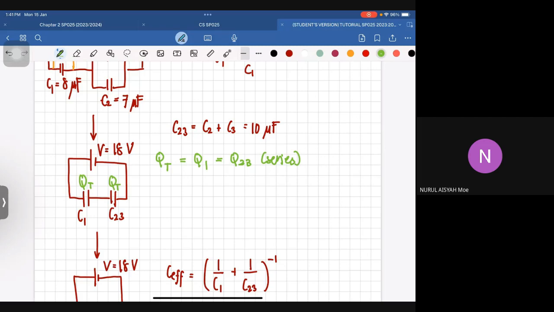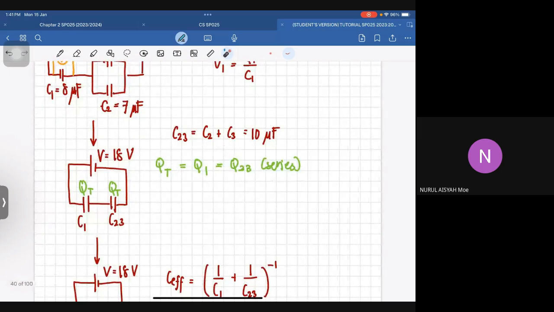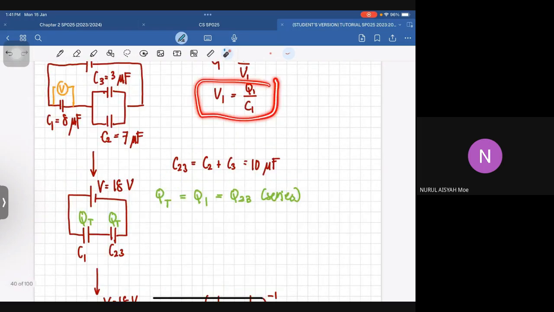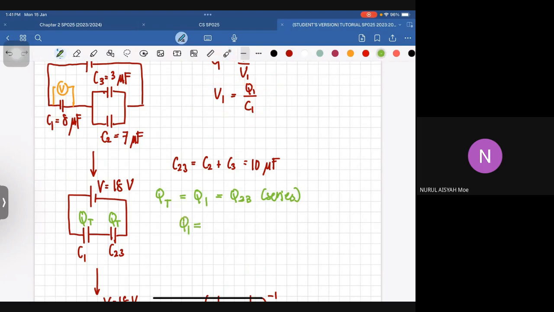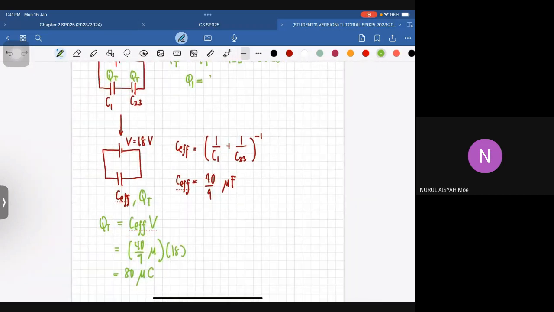Okay, so refer balik apa yang kita perlu dari cari V1. We only need the value of charge 1. So since we already get the value of Q1, kita boleh sudahlah solve untuk V1. So Q1 is equal to the total charge yang kita calculate tadi, which is 80 microcoulomb.